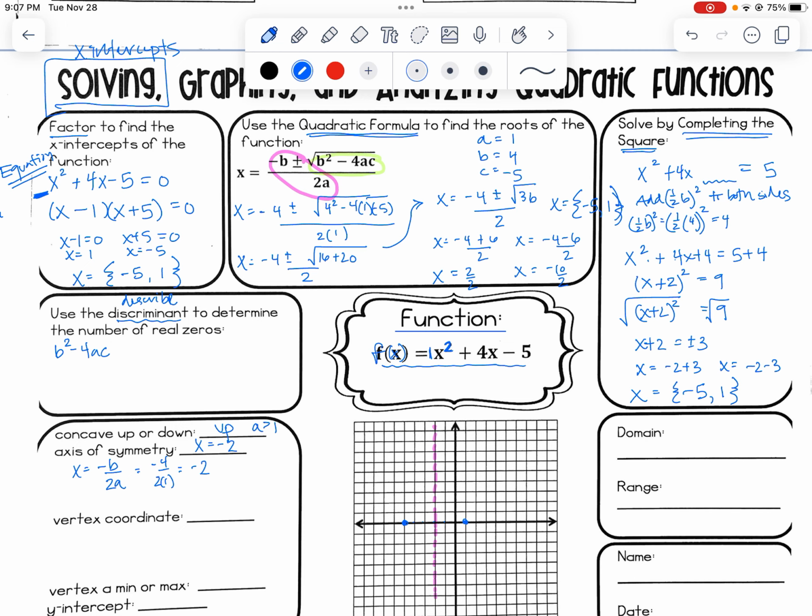Substituting, 4 squared minus 4 times 1 times negative 5, we already found this to be 16 plus 20, which is 36. Because it's positive, I will have two real solutions. Real just means that this parabola will actually cross the x-axis. Negative 5 and 1 are real numbers.